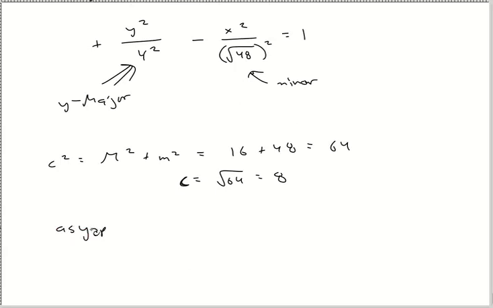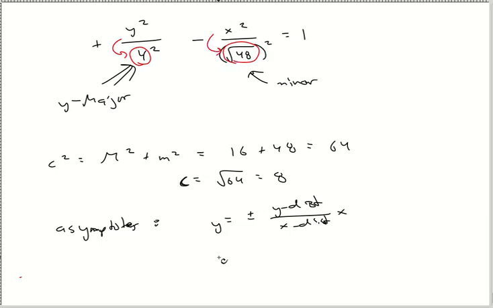So asymptotes. Remember that it's going to be y equals plus or minus the y distance divided by the x distance. And these are, again, major minors. It just depends on the problem. So I have a y distance, and I have an x distance. That square root is included there. So this is my x distance.